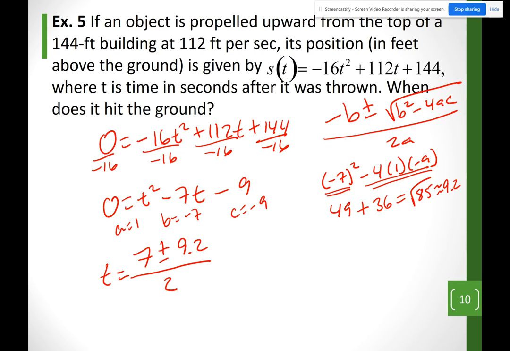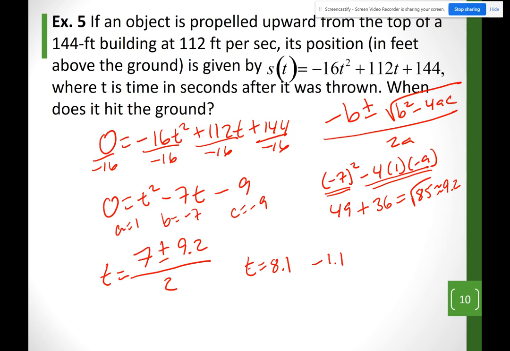So if I use the plus sign, 7 plus 9.2, that's 16.2. Let me divide that by 2. So I get that t is equal to 8.1. Now let me use the minus sign. 7 minus 9.2 divided by 2. I get that t is also negative 1.1.